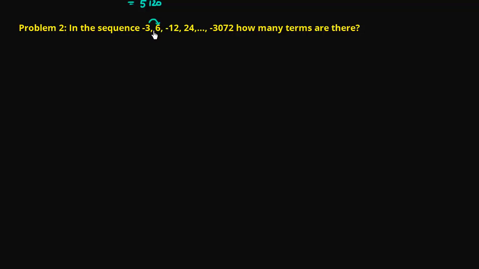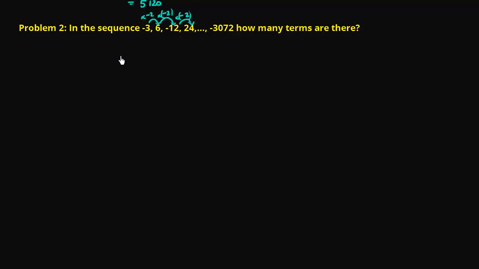So if I multiply -3 by -2, I get 6. If I multiply 6 by -2, I get -12. If I multiply -12 by -2, I get 24. And also, if you divide the consecutive terms, you'll find that 6 divided by -3 is -2, and -12 divided by 6 is -2 as well.